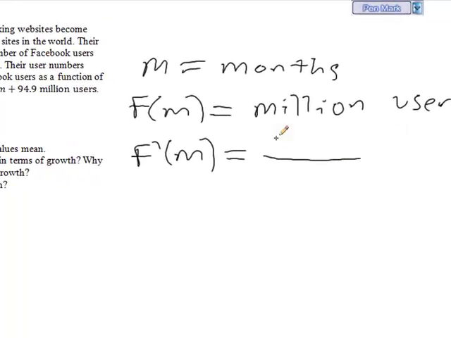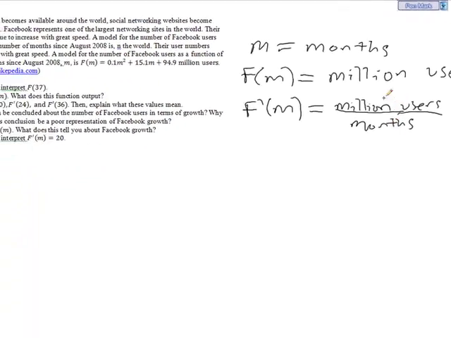So our output in this situation is millions of users, and the input is months. So this is a rate of change and will tell us for a given month what's happening to Facebook users, in terms of whether it is increasing at that moment by a certain number of million users per month.